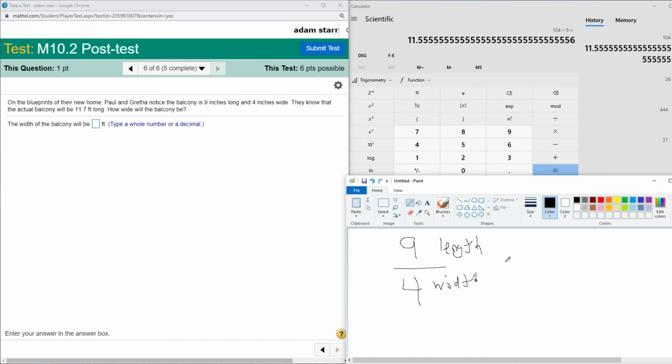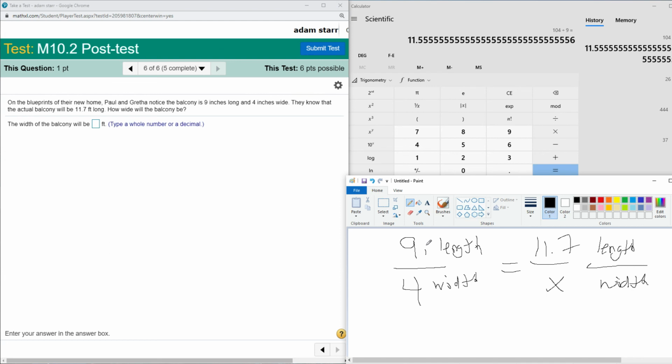So that means in my proportion of the actual balcony, it has to also be length over width. Okay, so here I have 9 inches by 4 inches. So the other dimension here will be, I know that the length is 11.7 feet long, and I need to find the width.